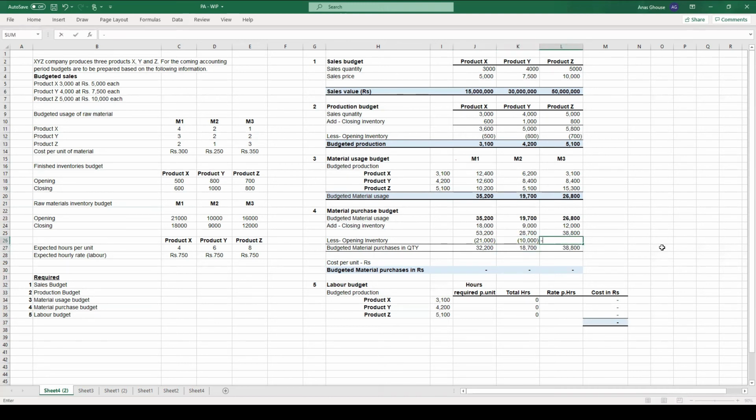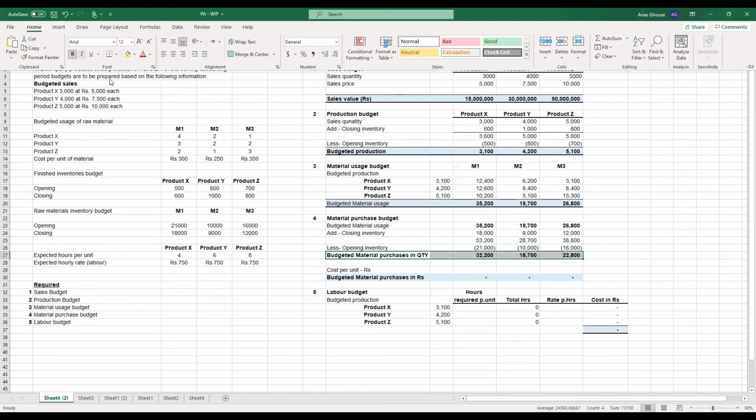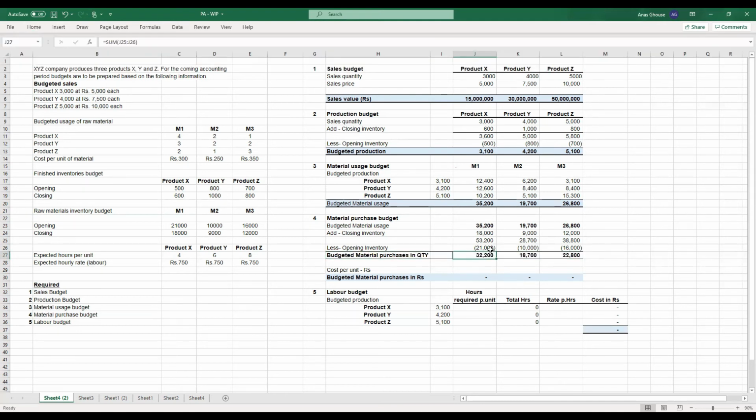Then minus 16,000. Okay. So these are the budgeted material purchases in quantities. So you need to purchase these quantities in order to meet these material usage requirements. Okay, so these are the quantities.